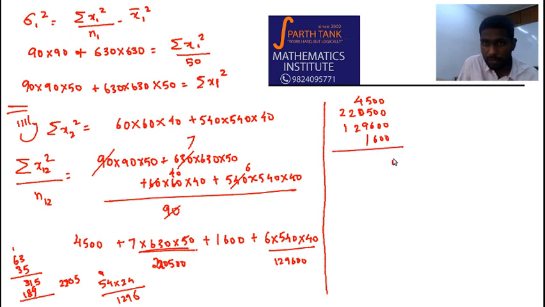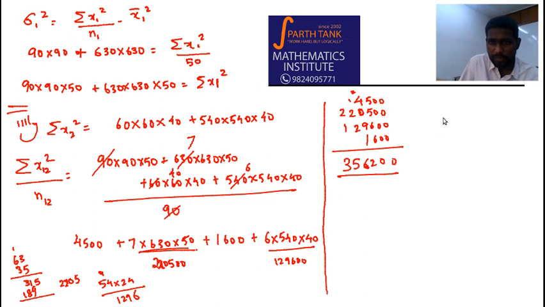So this all would give me 22, 2, so 10, 16, 1, that makes it 5 and 3. So 356200 is my this term.